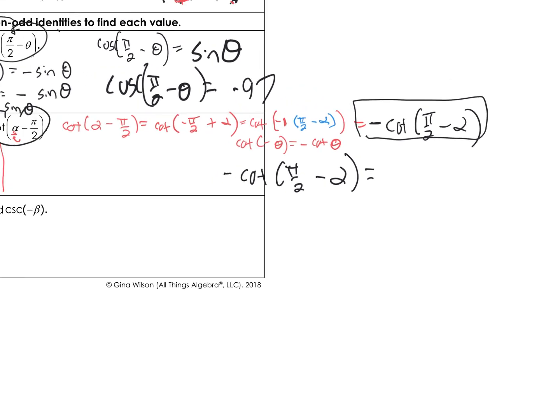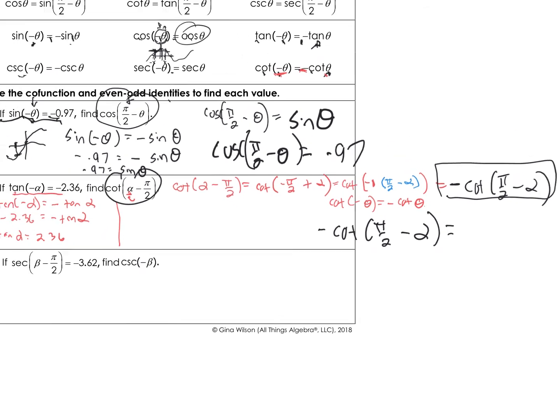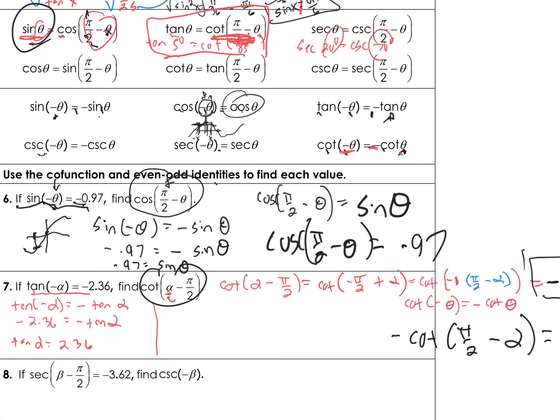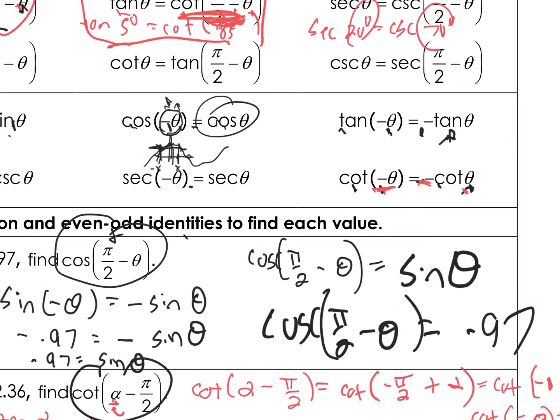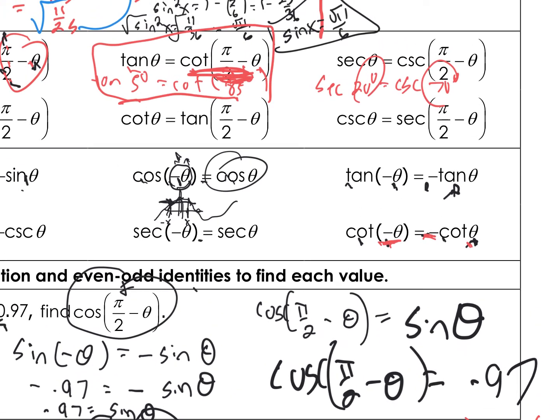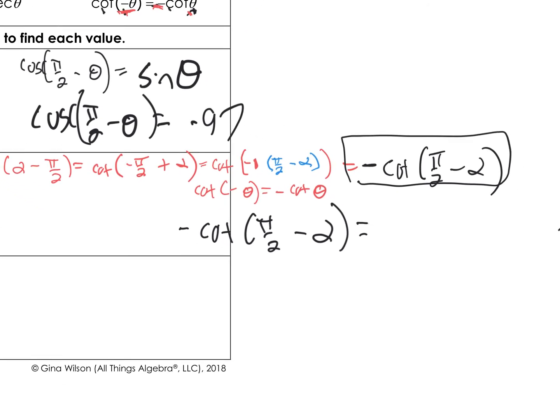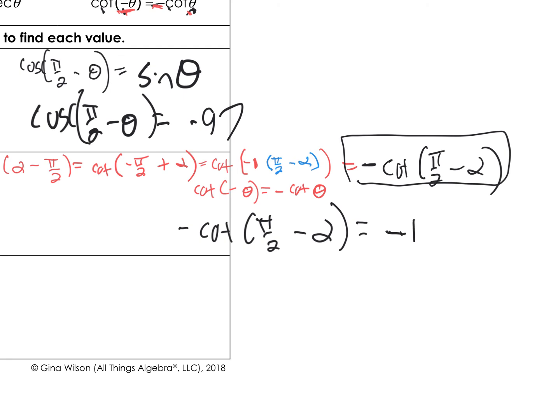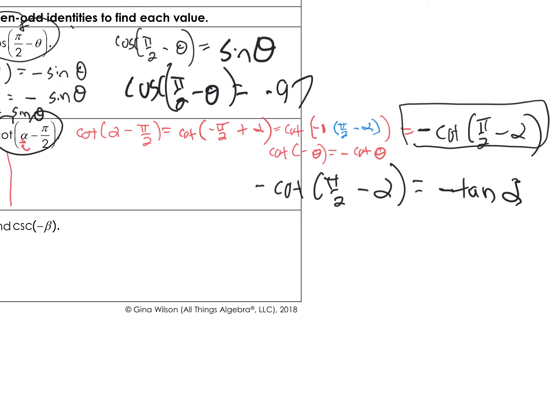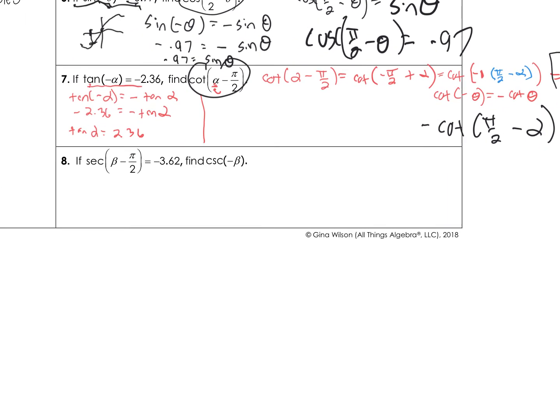what up there? What has it to do with tangent? Where is it? Cotangent of pi over 2 minus alpha is tangent. Right here, see? But don't forget, that would be negative tangent of alpha. And wait a minute, tangent of alpha, we did that.